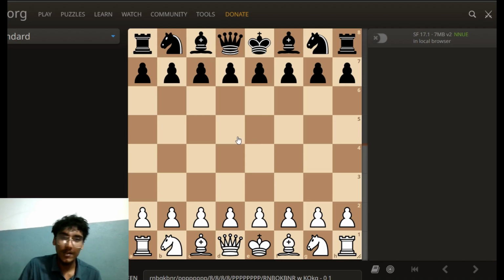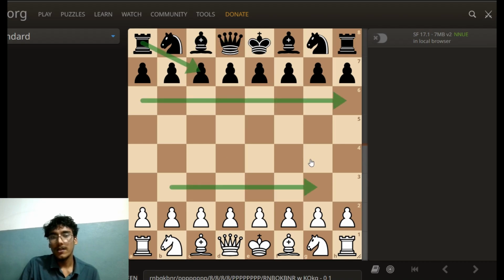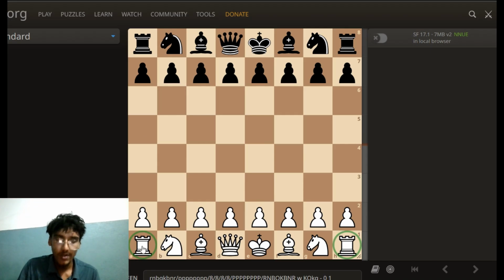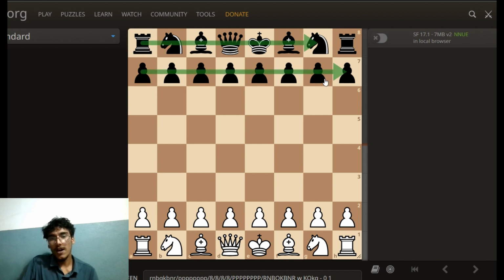First we note the movement of these pieces along these squares. As we can see there are 8 rows and 8 columns, so basically we have 64 squares, named from A to H. These horizontal rows are called ranks.